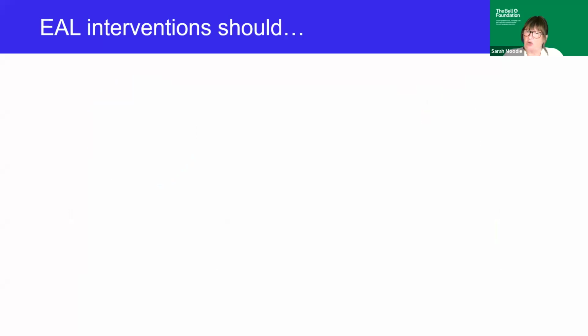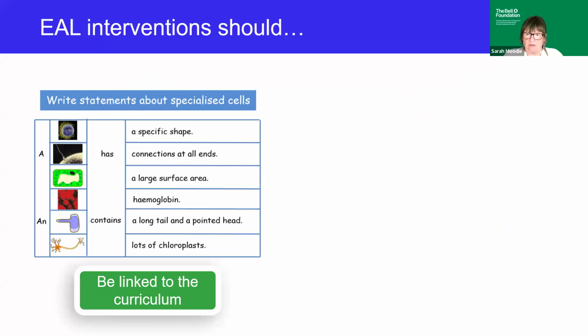So another should, all EAL learners should, could say must really, be closely linked to the curriculum. As the aim is for the learner to rejoin his or her peers full-time as soon as possible, it's important to focus on the vocabulary and the structures which will help them to do exactly that.